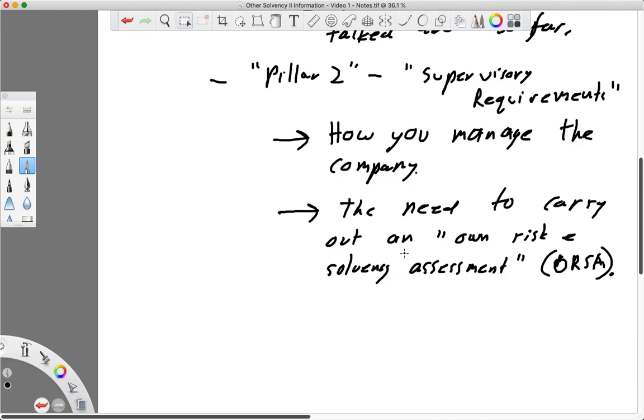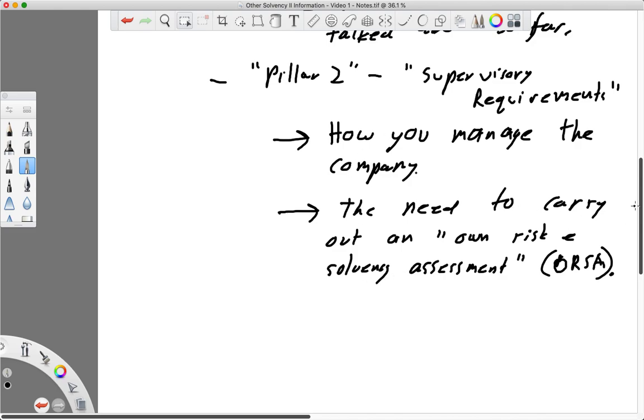If you are a company that's using the standard formula, then there may well be some standard formula type results that occur in here, but you are kind of separate to that, judging the risks that you're exposed to and what your solvency should be.